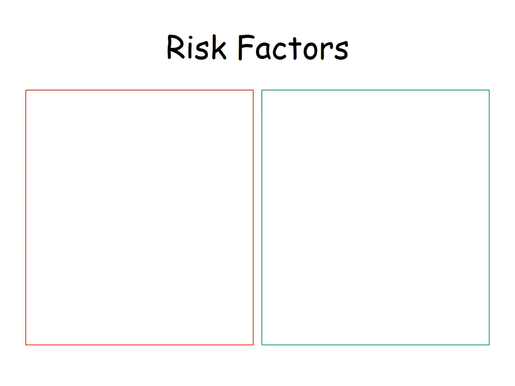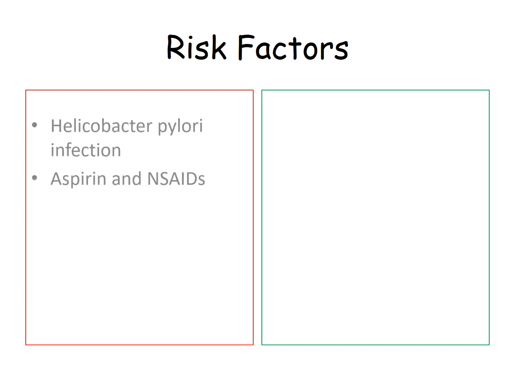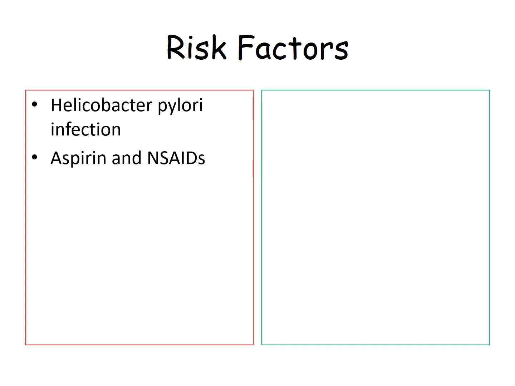Like that there are some risk factors also which are associated to these aggressive or defensive factors. There are some risk factors which can contribute to formation of peptic ulcer. They are mainly H. pylori infection and drugs like aspirin and NSAIDs, mainly the painkillers.